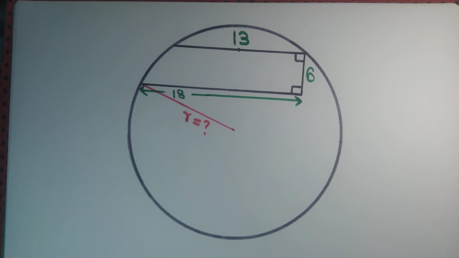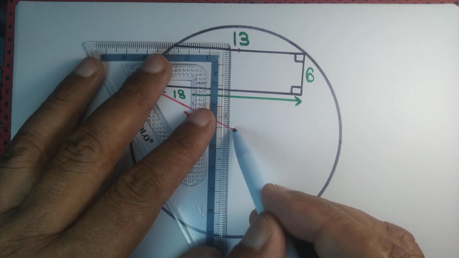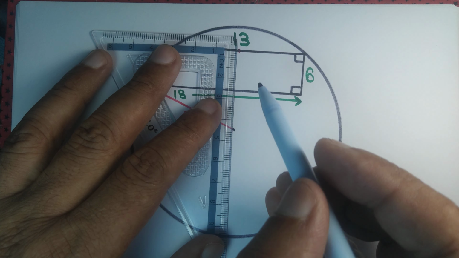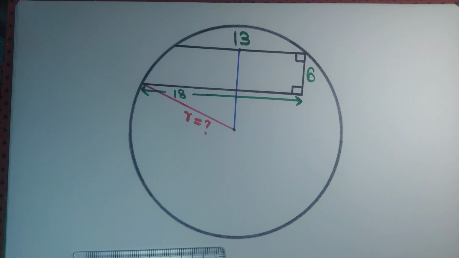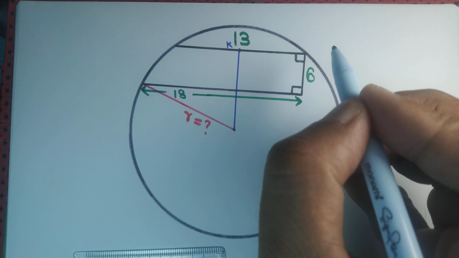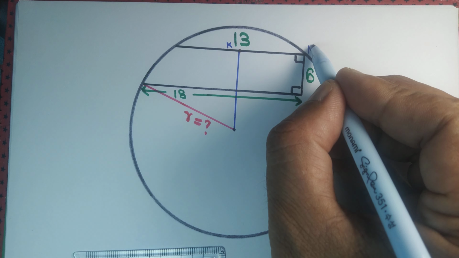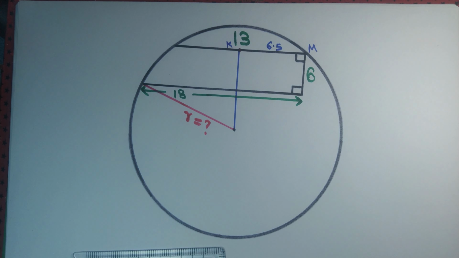First step, we join the middle point of the chord with the center of the circle. Since the chord measures 13 units, let this point be K, and let this point be M. KM must measure 6.5 units.